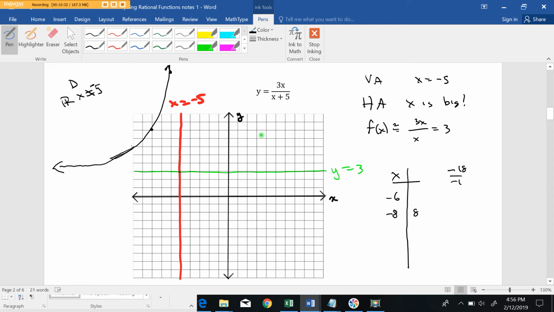All right, let's take a look at this region here. Let's just try negative 2 and see what we get. Looking at our function, we get negative 6 up top, divided by 3 in the bottom. Negative 2, negative 2.